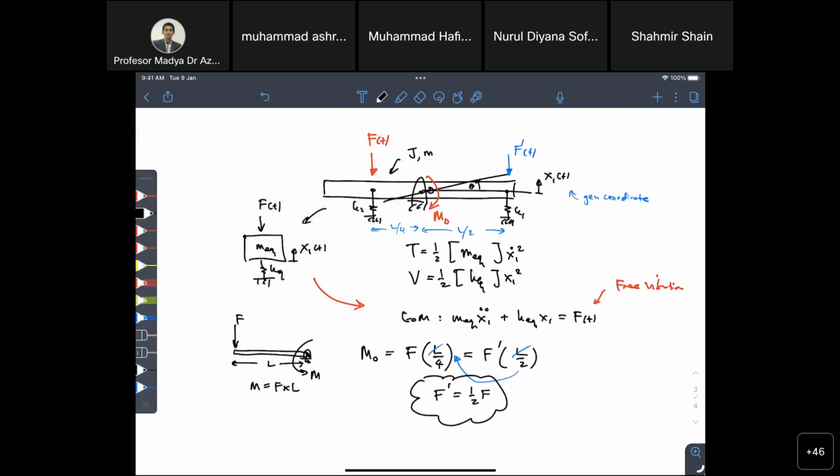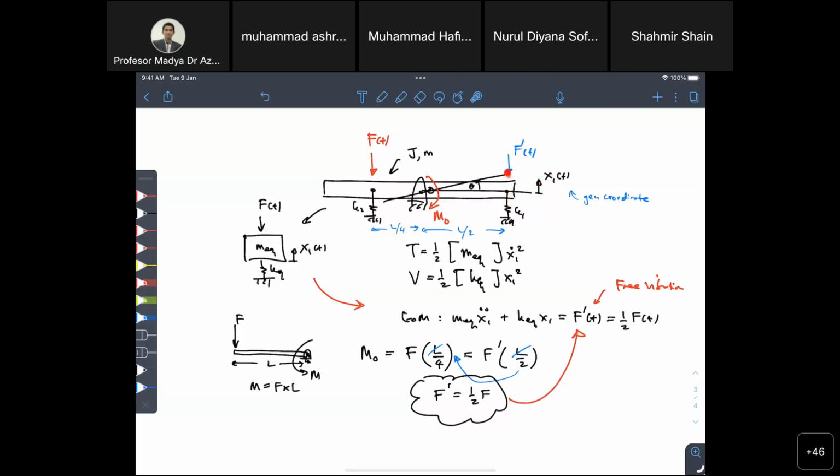So this is where you put the force in the equation of motion. That one should be F accent T, which equals a half F. Remember again, Ft we should put at the same location as the generalized coordinate.